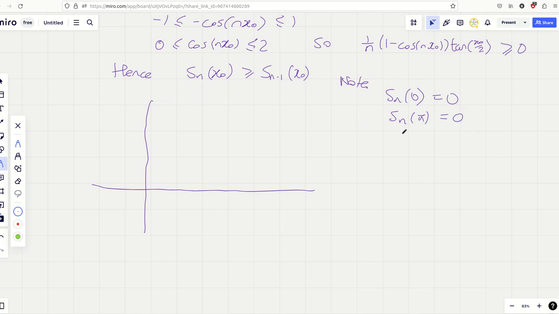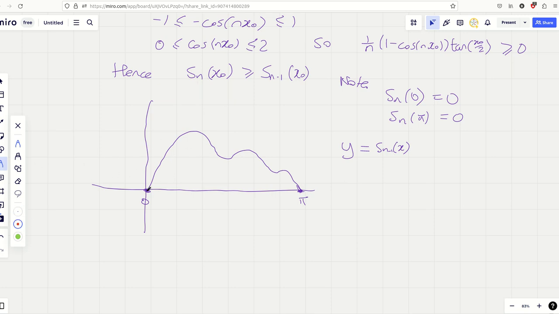That's going to be really useful to me because if I was to sketch y equals Sn minus 1 of x, using the fact that they told me it's definitely greater than 0, I know that maybe it does something like that, but I know it definitely starts at 0 when x is 0 and finishes at 0 when x is pi. Now, what about Sn?